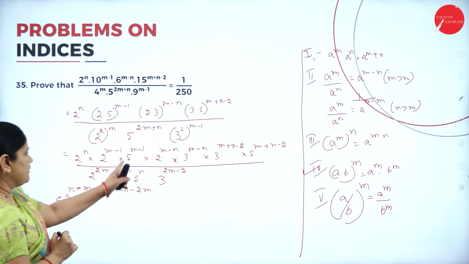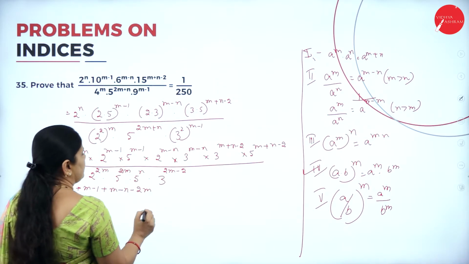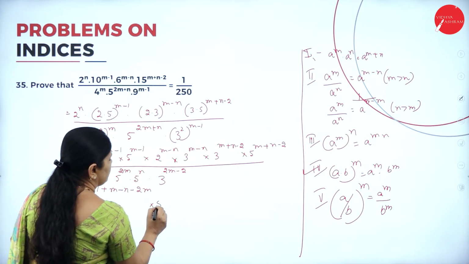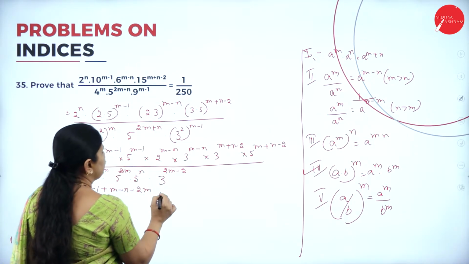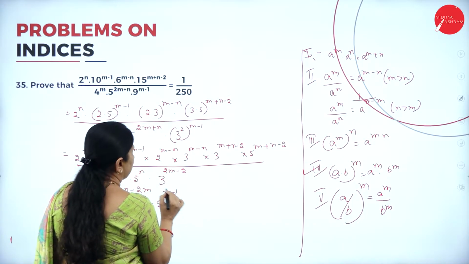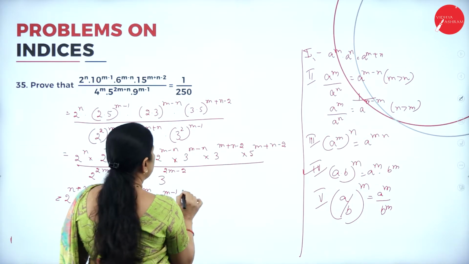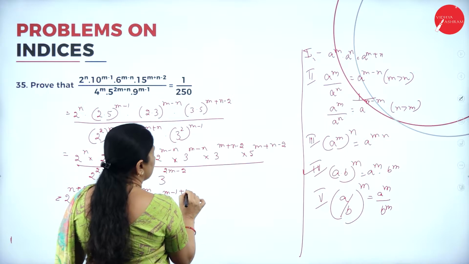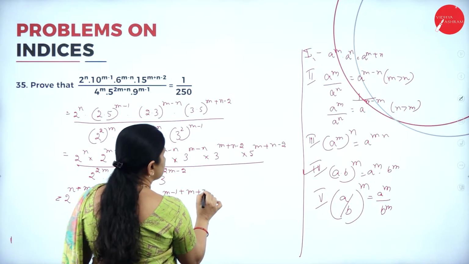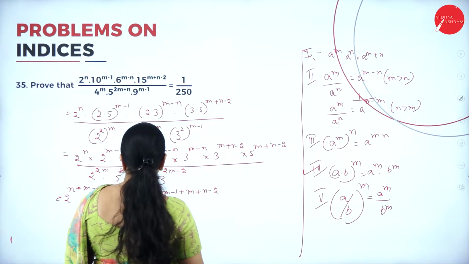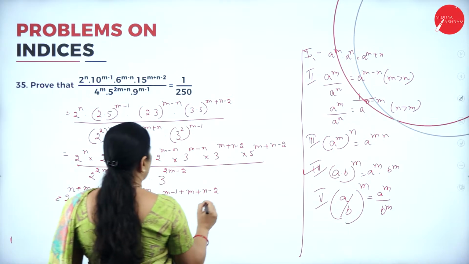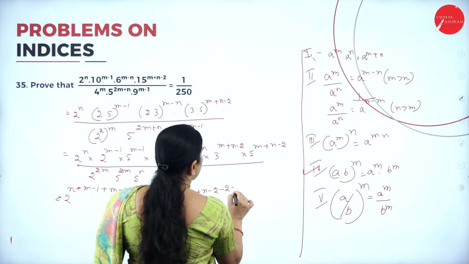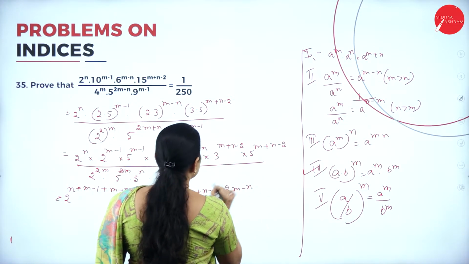Then next, I will take base 5 into base 5. So, base 5, I have the power m minus 1. Then again, I have it here plus m plus n minus 2. Then in the denominator, I am having minus 2m minus n.